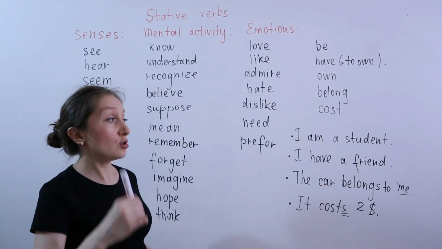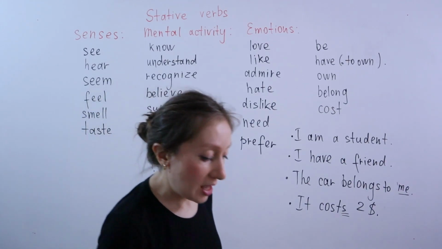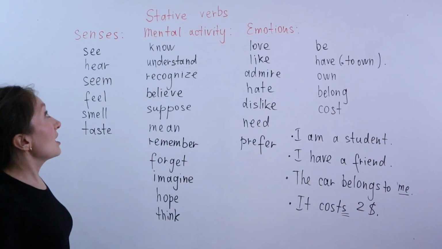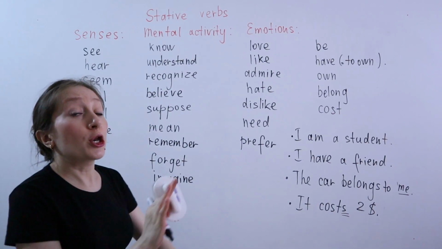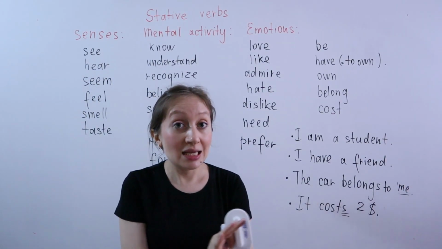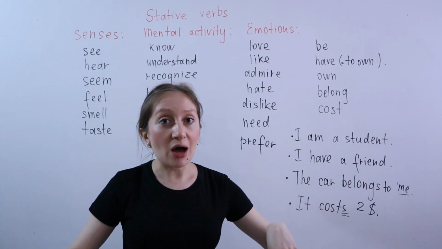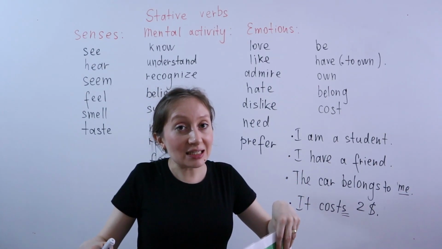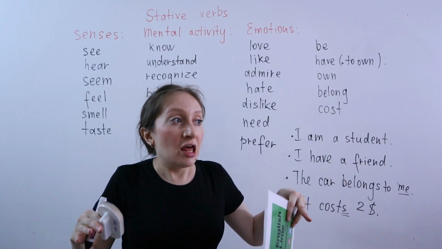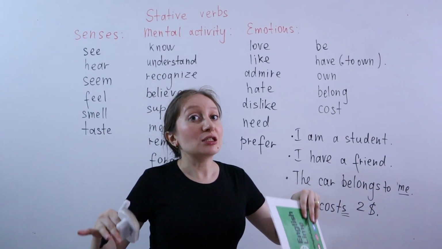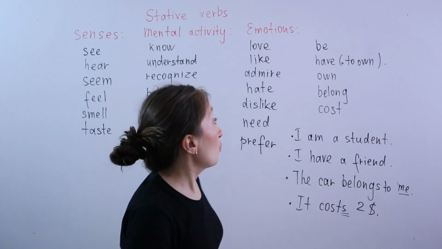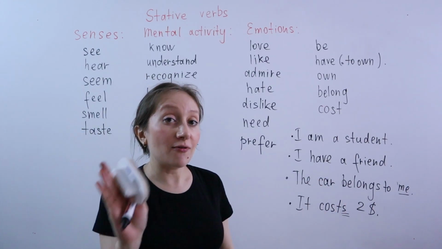It costs $2. So, you see, my friends, there are some categories of stative verbs that are not used in present continuous, but still we speak now. This is kind of present continuous, but the construction is present simple, but it's the present moment now. No ing, just verb.